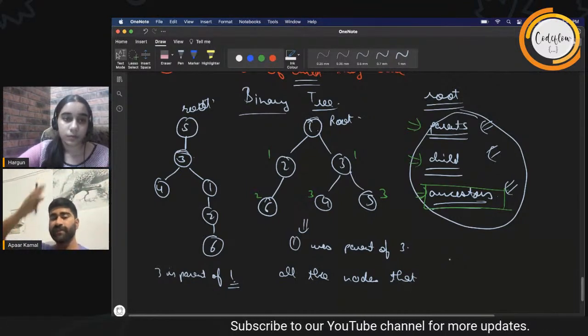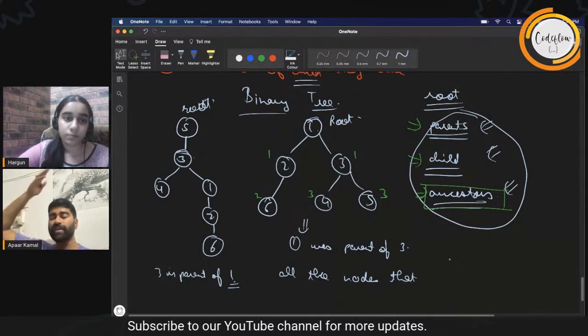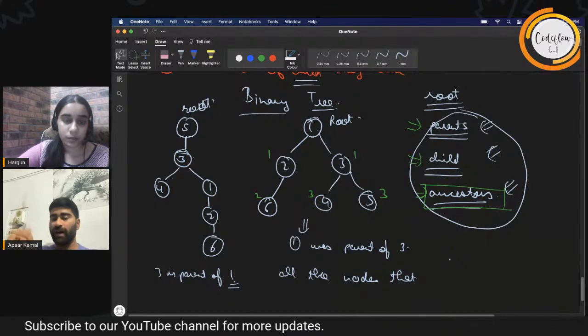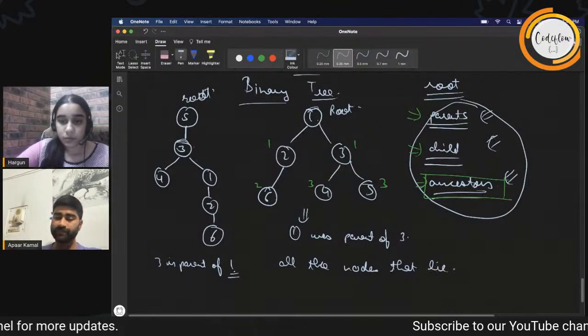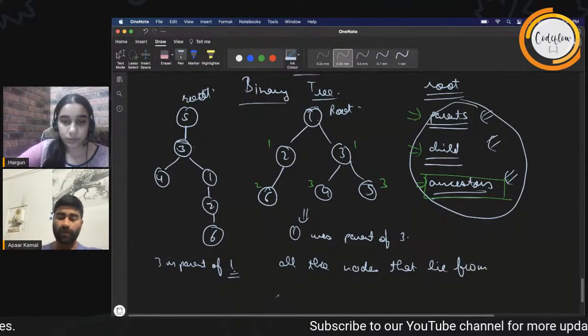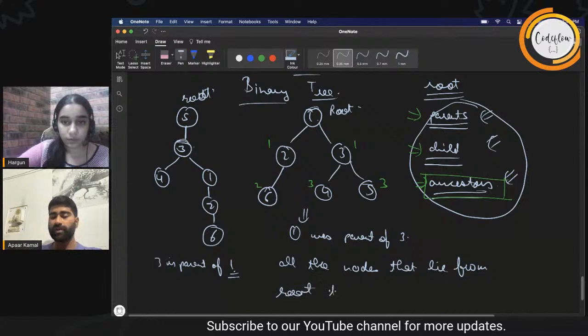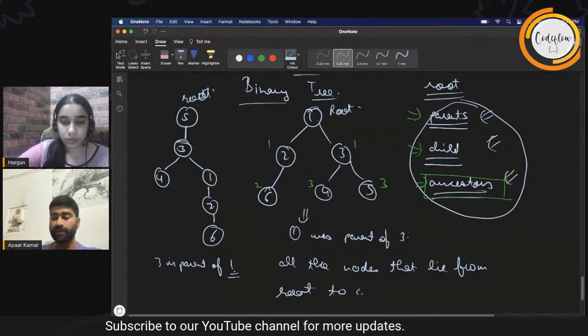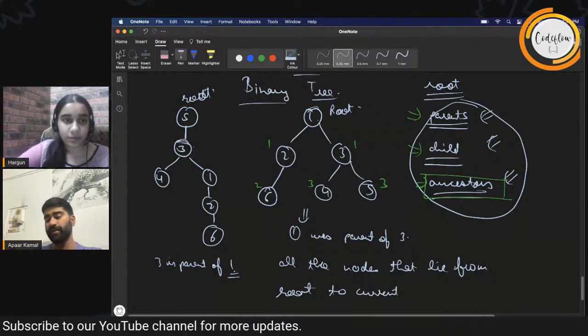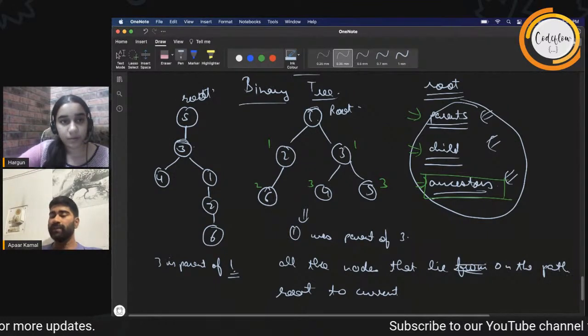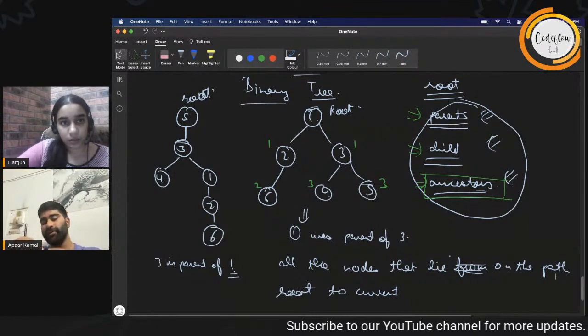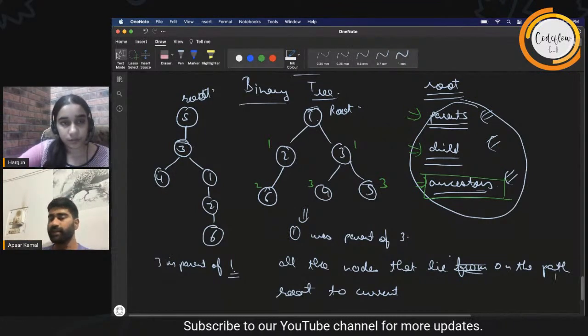All of the nodes which lie on the path from the root node to the current node are the ancestors of the current node.